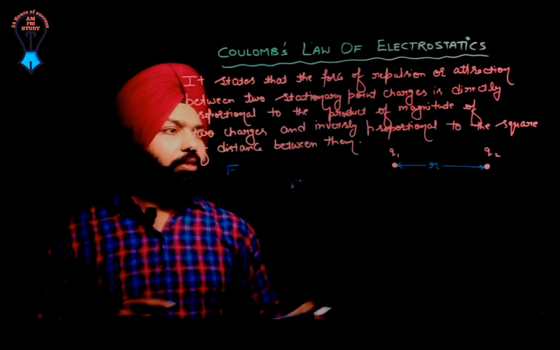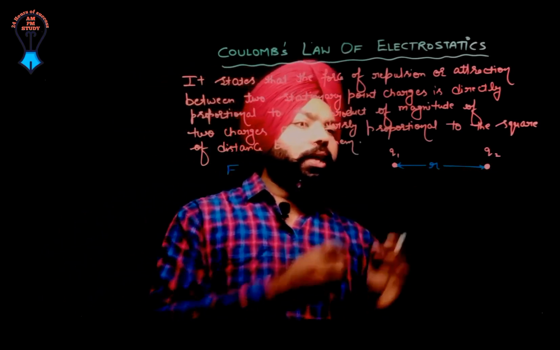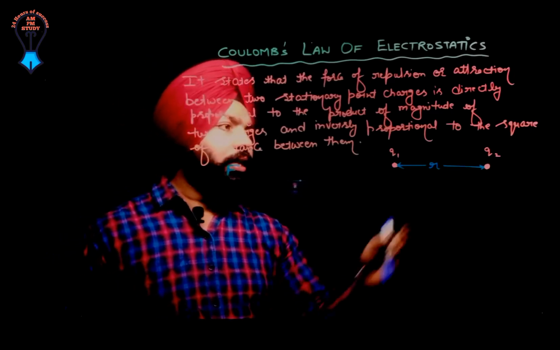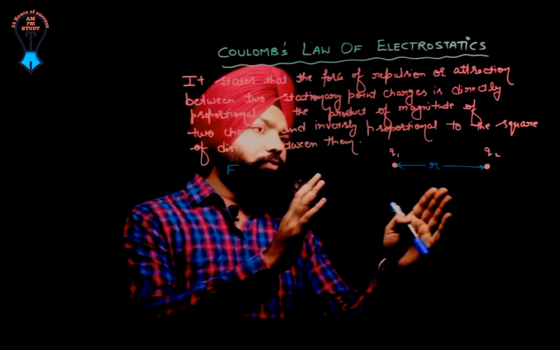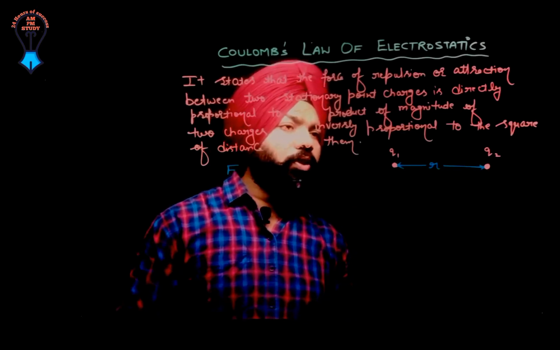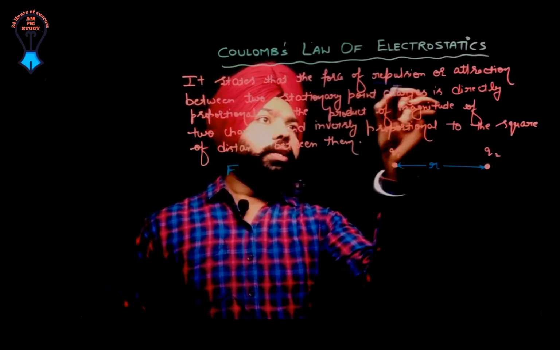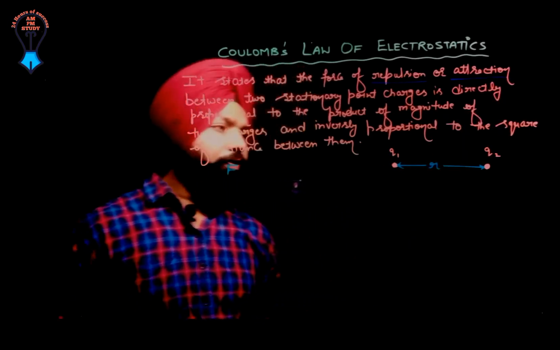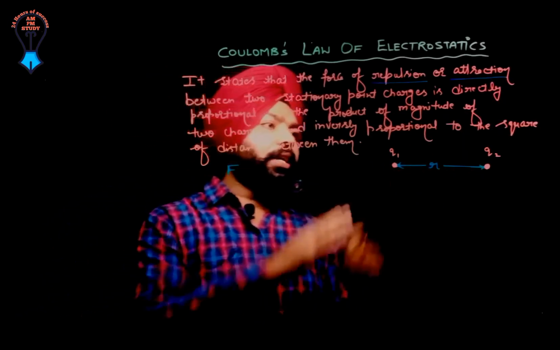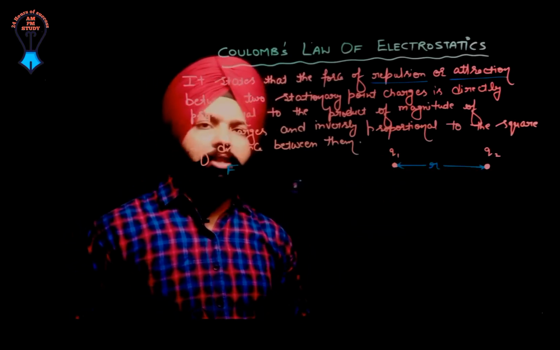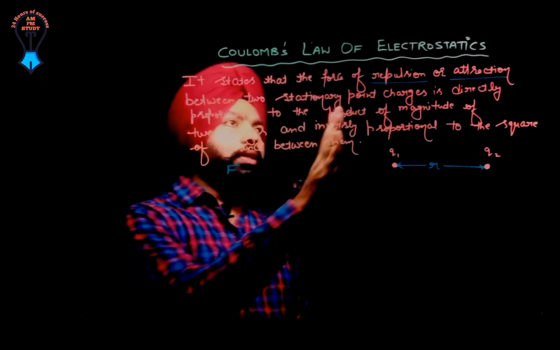Force of attraction means if these two charges are unlike charges, suppose this is positive and this is negative, then there will be force of attraction between these two charges. Force of repulsion means if these two charges are like charges, suppose these are positive charges, then there will be repulsive force.